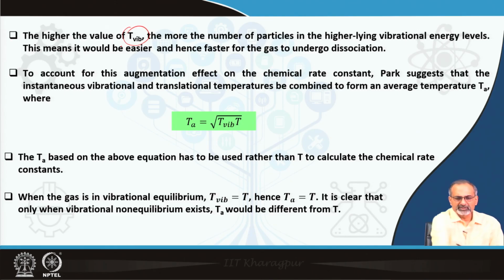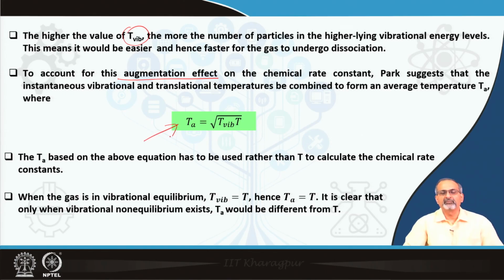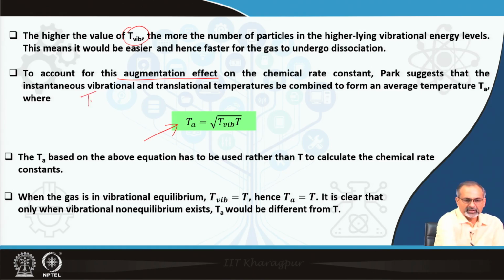To account for this augmentation effect on the chemical rate constant, Park suggested the instantaneous vibrational and translational temperatures be combined, and he proposed an average temperature T A, which is nothing but a geometric mean of the instantaneous vibrational and translational temperatures T vibe and T respectively.